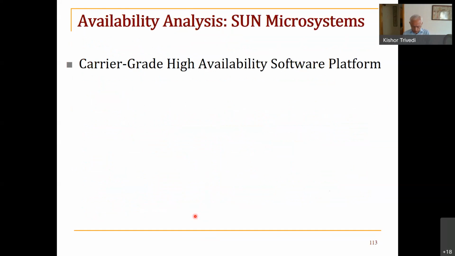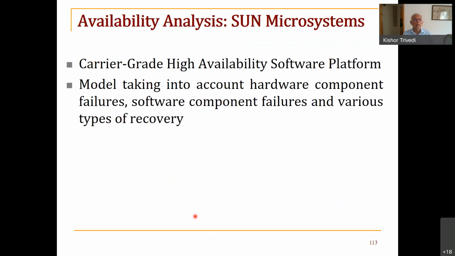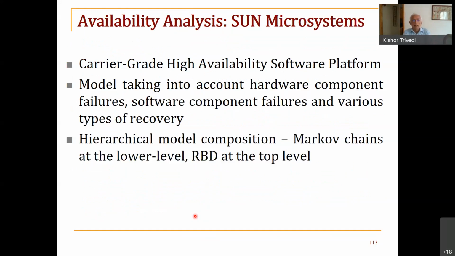Let me go back to the Sun Microsystems example that we had earlier seen. It's a carrier grade high availability software platform, and the model takes into account hardware component failures, software component failures, and various types of recovery. Hierarchical model composition will use Markov chains at the lower level and a reliability block diagram at the top level.